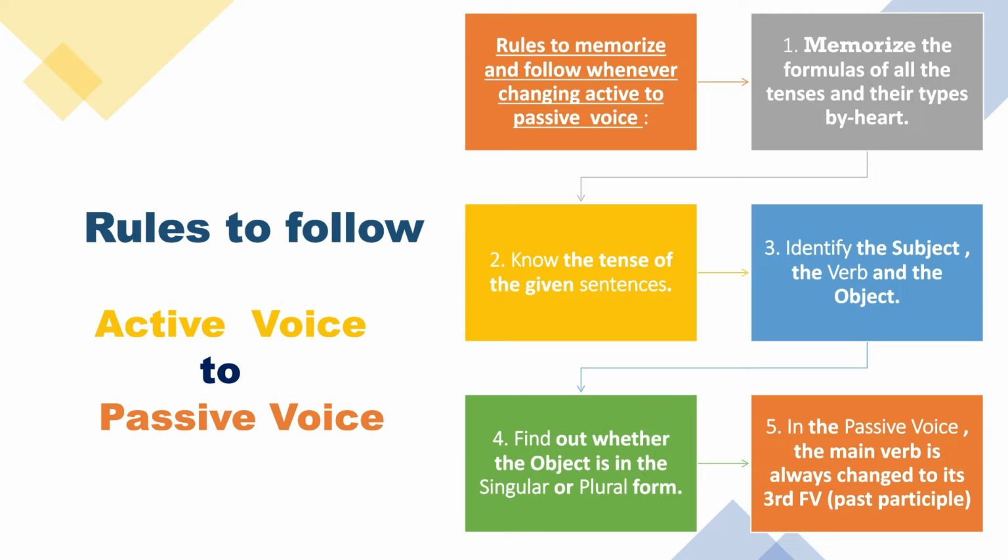That will help you choose which auxiliary verbs to use. Auxiliary verbs such as is, am, are, was, were, has, have, had. Number 5. In the passive voice, the main verb is always changed to its third form of the verb or the past participle form. Let's go on to the next slide.